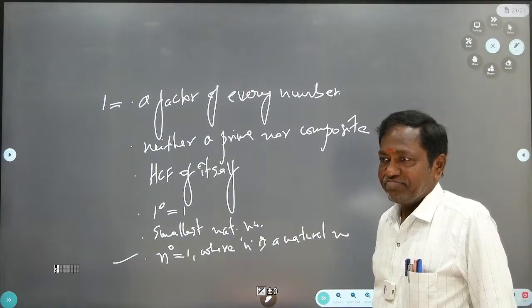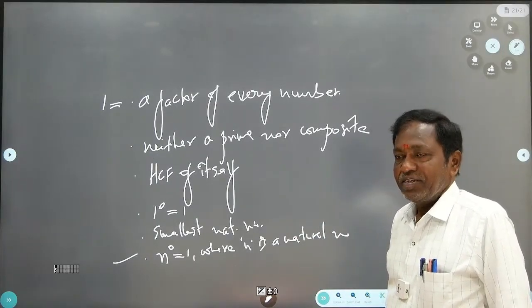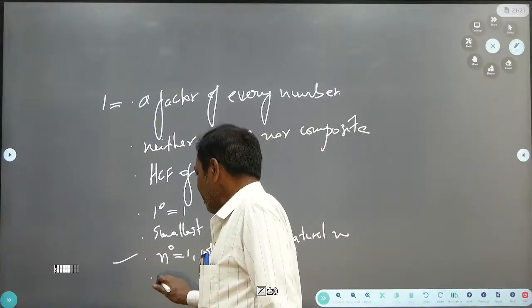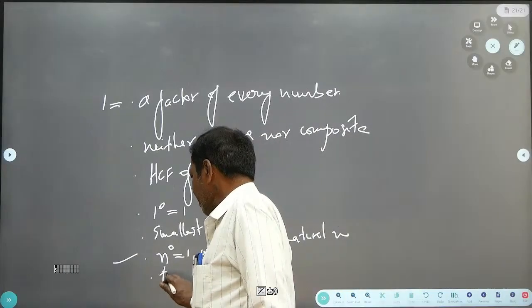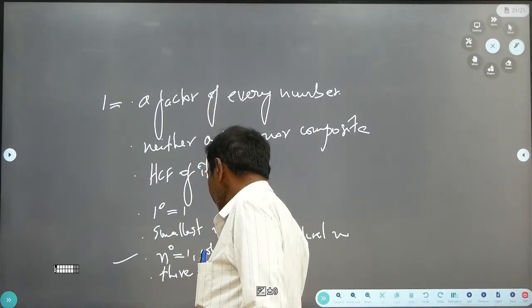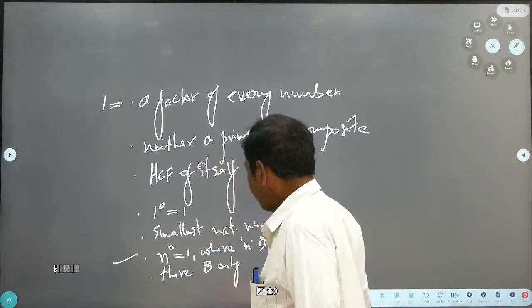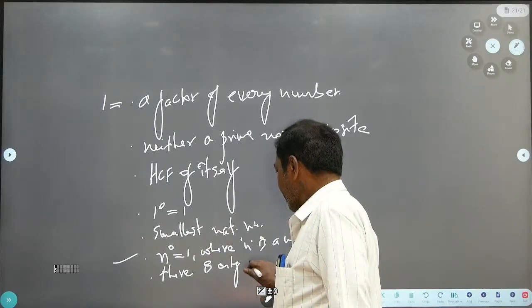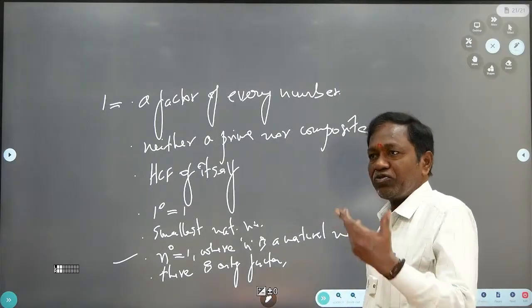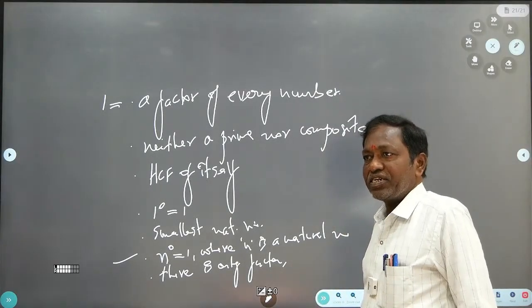1 is the number which does not have two distinct factors. 1 is the only number with only one factor. Every other number will have two distinct factors.